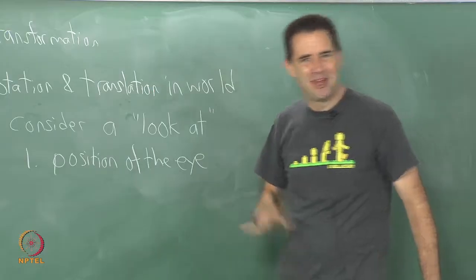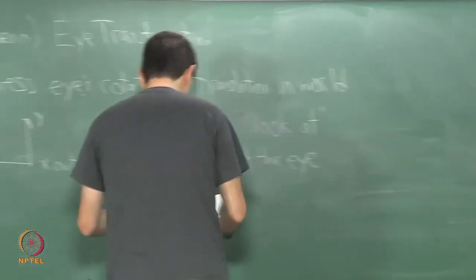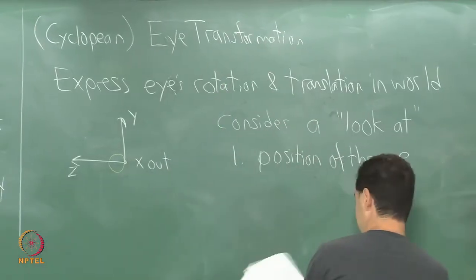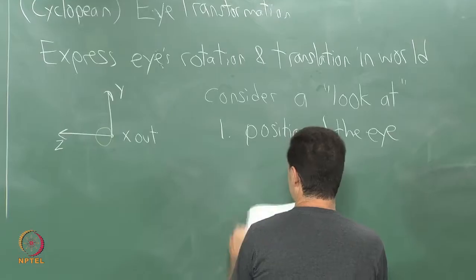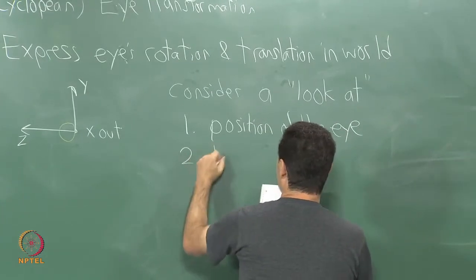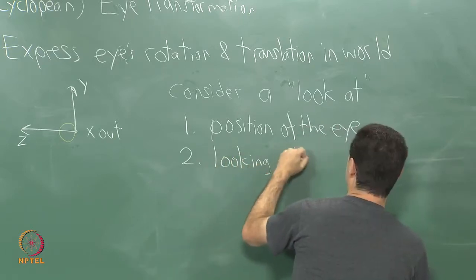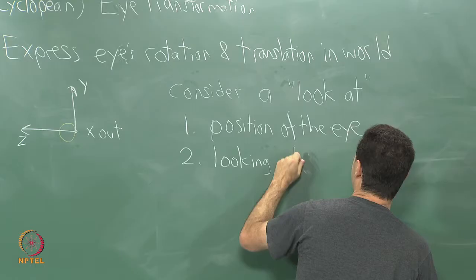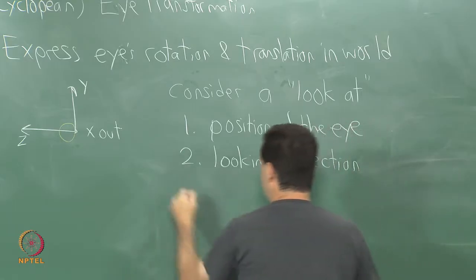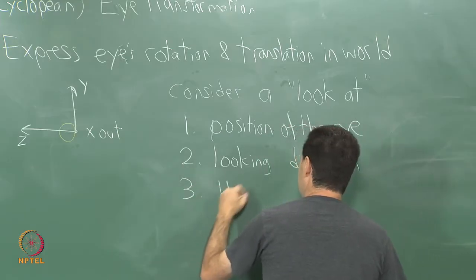So it's okay to interchange those as long as you understand what's going on. So 2, I want to have a looking direction, and 3, I need to specify an up direction.